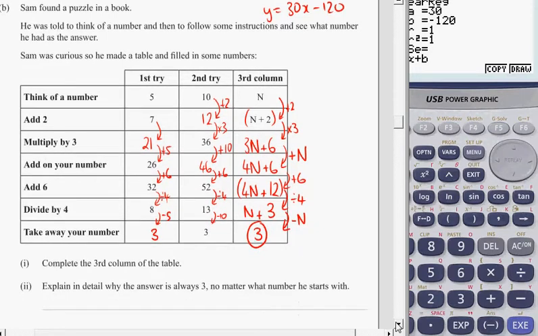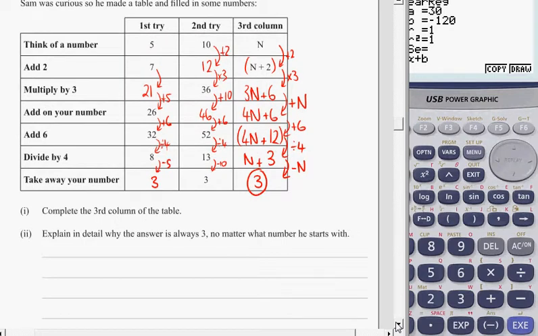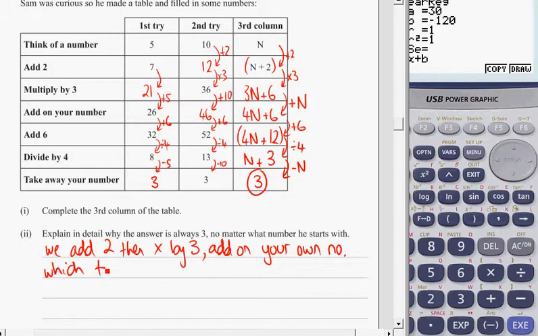So when it says explain in detail why the answer is always 3 no matter what, you really need to work through this and just explain it in words. So we add 2, then multiply by 3, add on your own number, which takes you to 4n plus 6.